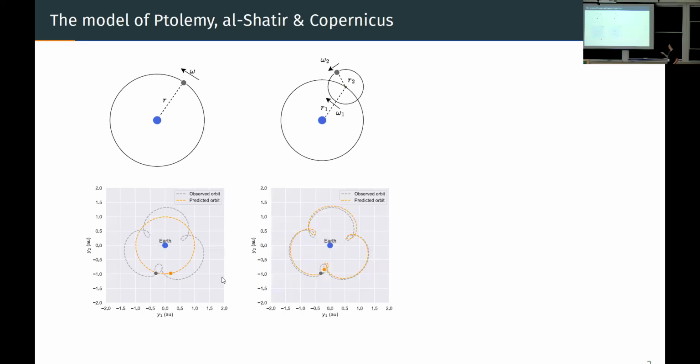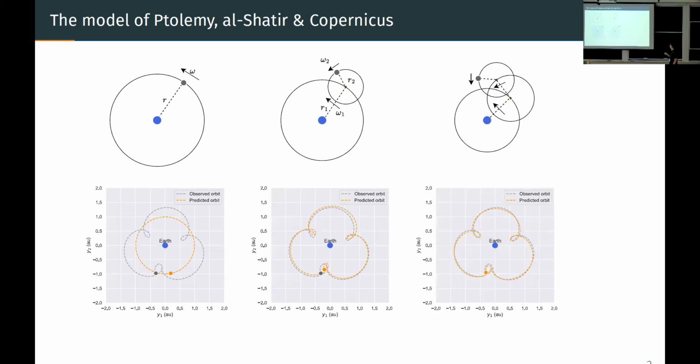We take the first circle as the orbit of the center of the second circle, and when you fit the radii and the angular velocities well enough, you produce an orbit that's quite similar to what you observe. Then you can do that for three circles, and you see that the accuracy improves quite a lot. Now you can see that this is very similar to what we're doing today in deep learning. It's pretty much the same thing.